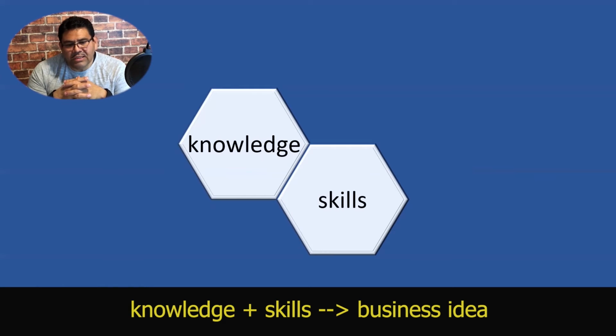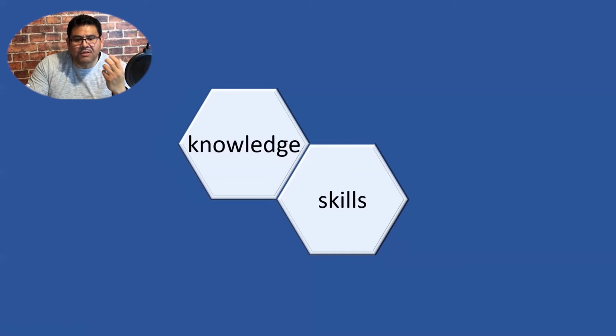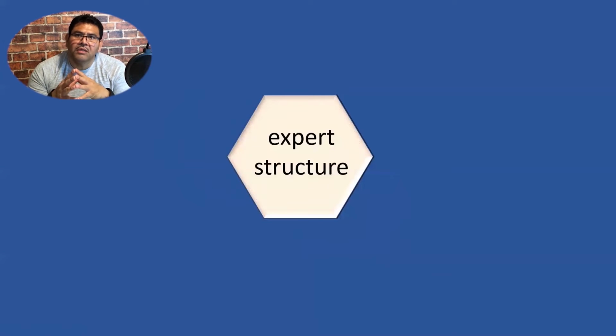Well, you need to use that knowledge and those skills to put yourself out there as an expert. And to put yourself out there as an expert, you need to show that you know and that you are capable of using that knowledge to do something of value. So now you become an expert.